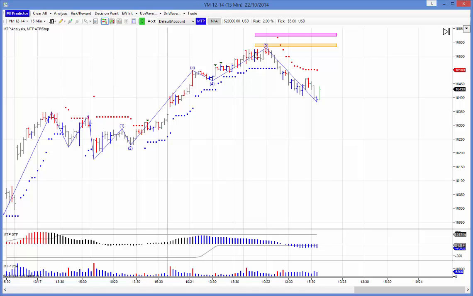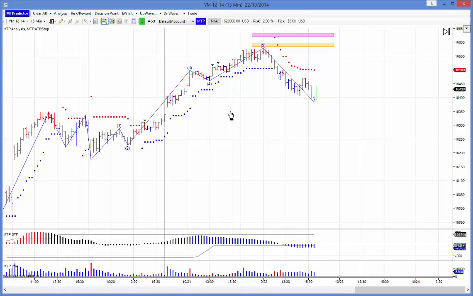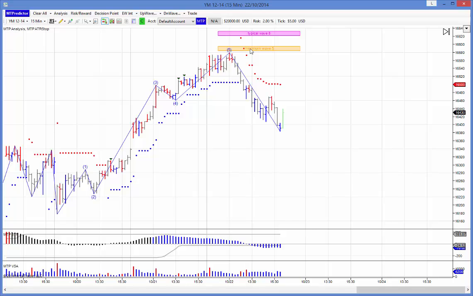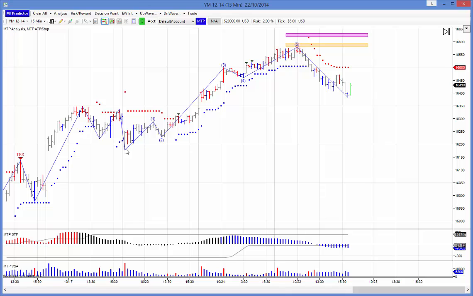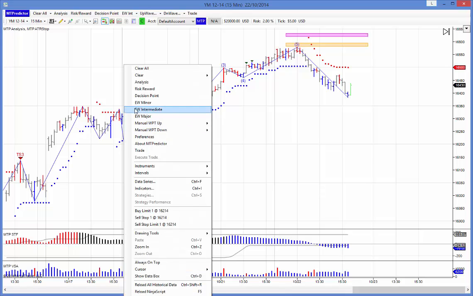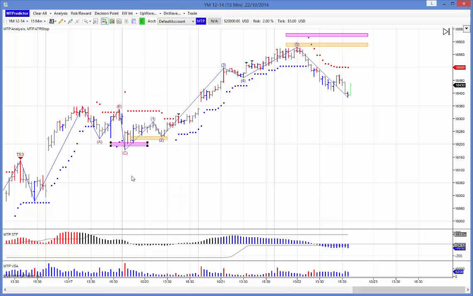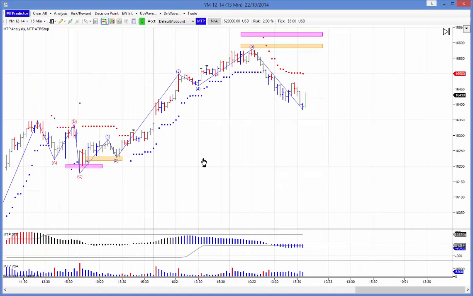During the day you would have seen that this would have actually been a 5-wave sequence. We were about a tick short or shy of the minimum wave 5 WPT, so we're pretty much right at an area where we're anticipating this rally to end. It also started at a good place here because if I right mouse click here, you can see there was an ABC correction nicely there which started the sequence, so this was a good sequence.